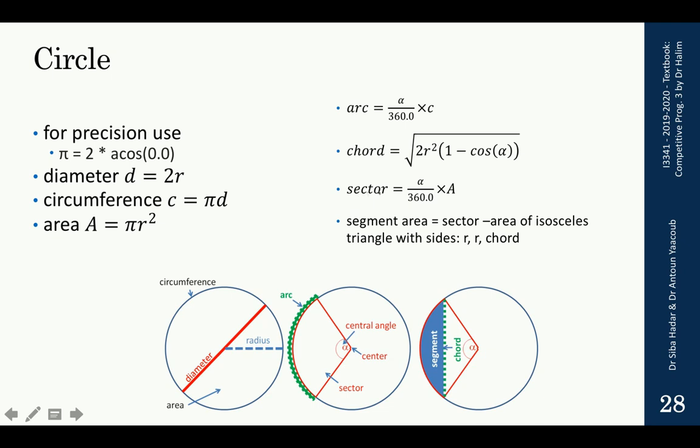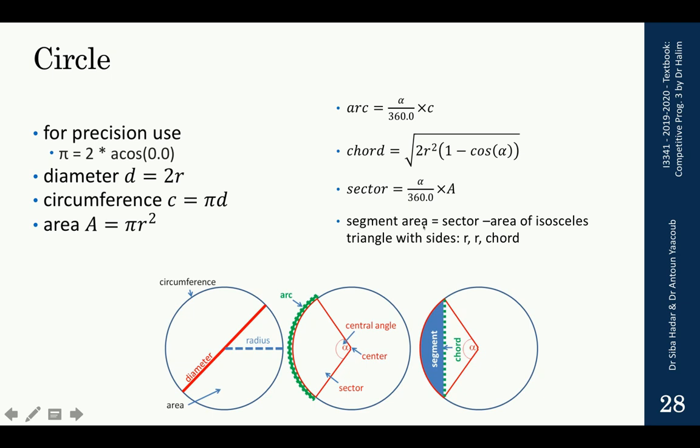If you have a sector, what is a sector? You can see a sector here. This is the part of the circle that you cut, forming an angle alpha, and it is easily calculated. It is a portion of the complete area, according to the angle alpha.